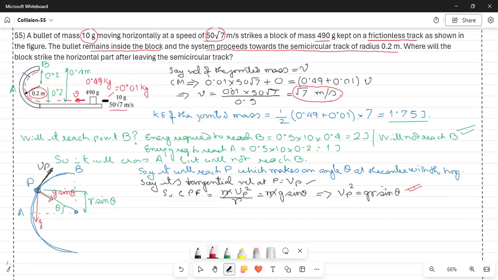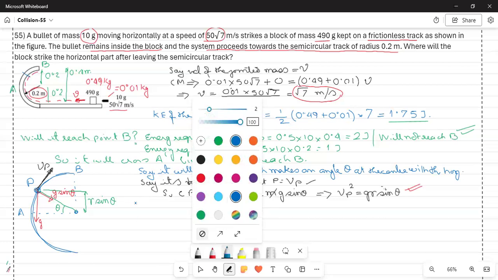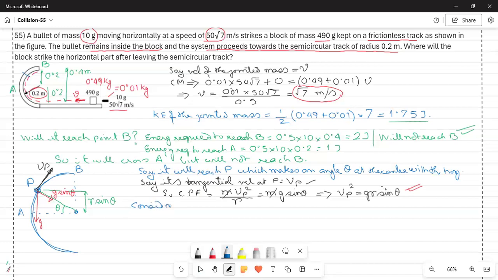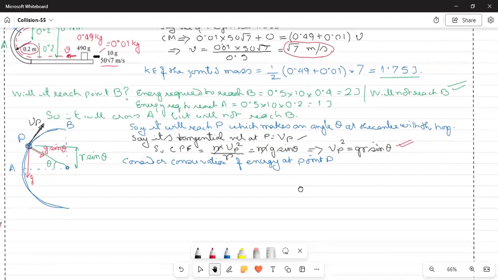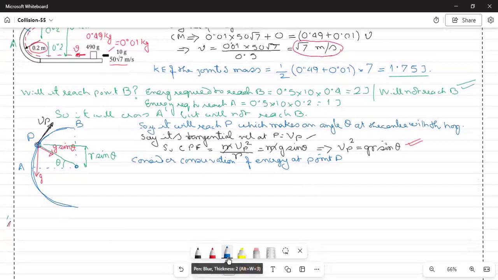Now we come to the conservation of energy at this point P. Consider conservation of energy at point P. Then what we really get is that kinetic energy at P plus the potential energy at P will be equal to the initial kinetic energy.